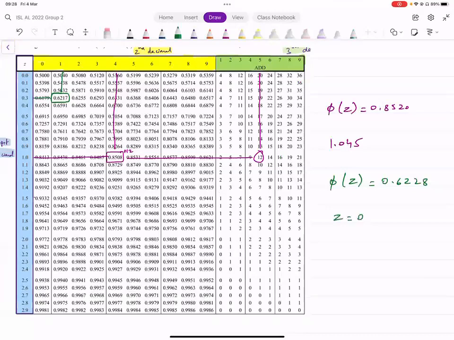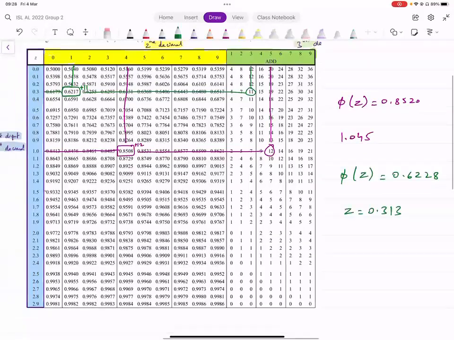So z equals 0.31. Now how much do we have to add here? 17 में 11 add करेंगे 28 आ जाएगा. We have to add 11. Right side पे जाके देखते हैं. We got 11 here. So the third decimal therefore should be 3. We're getting 0.313. Z की value क्या आ गई 0.313.